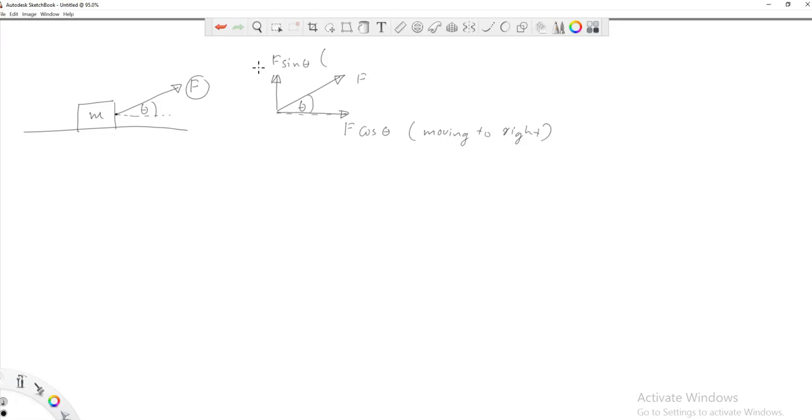But later we will see when we add friction, things get more interesting. But as of now, if F sine theta is not big enough to lift, nothing happens. F cosine theta will accelerate the object to the right. So F sine theta, we can say, will try to lift.